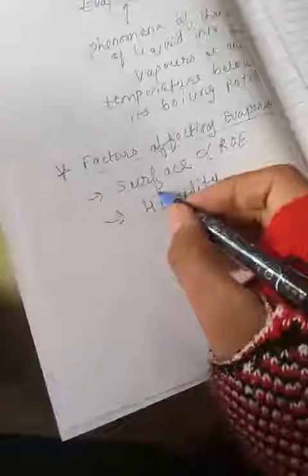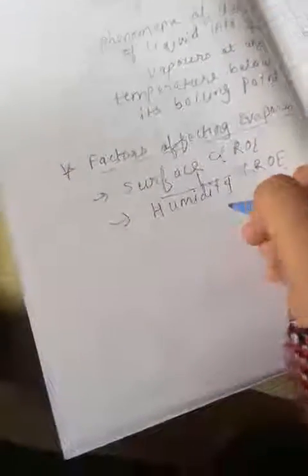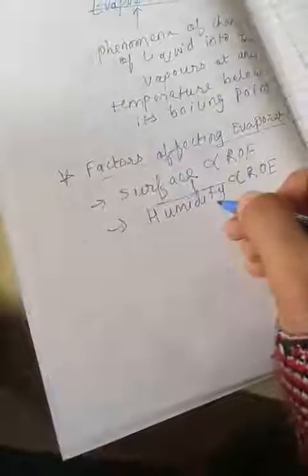Second one is the humidity. Humidity is not directly proportional, it's inversely proportional to the rate of evaporation. Humidity is the amount of water vapor present in air. When the humidity is less, the rate of evaporation is more, and when the humidity is more, the rate of evaporation is less.